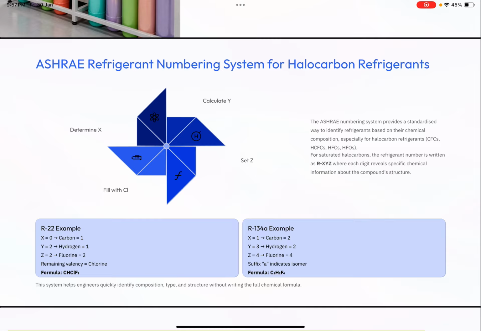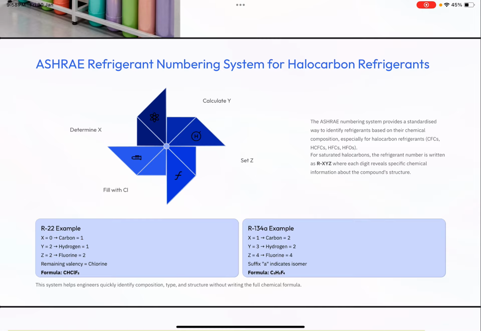So in the RXYZ formula, X is basically talking about carbon, but that carbon is not directly obtained. Whatever is X plus 1 is the number of carbon atoms. Y stands for hydrogen. Whatever is Y minus 1 is the number of hydrogen atoms, and Z is the number of fluorine atoms. Then the chlorine atoms are obtained from the remaining valency.